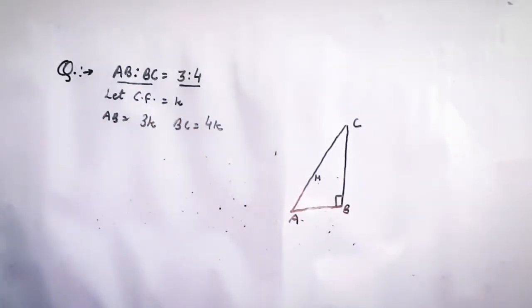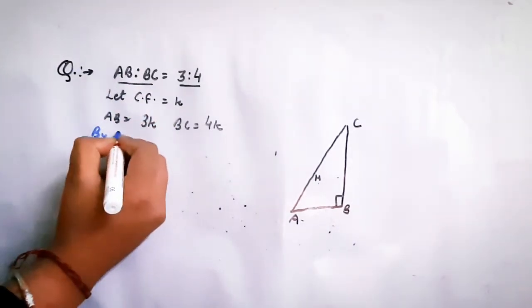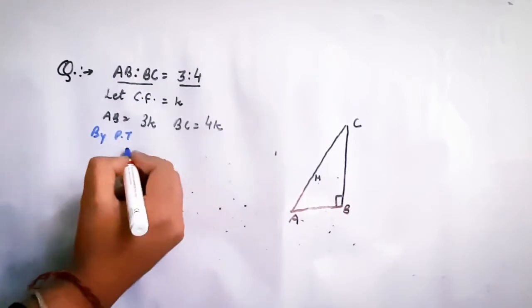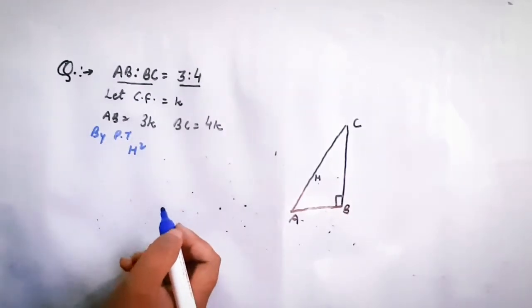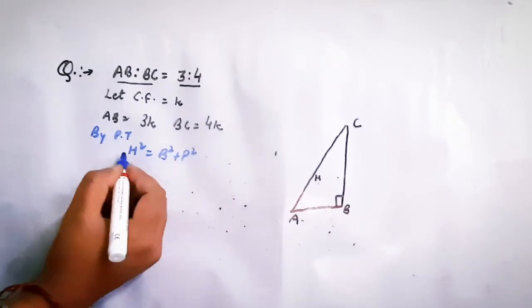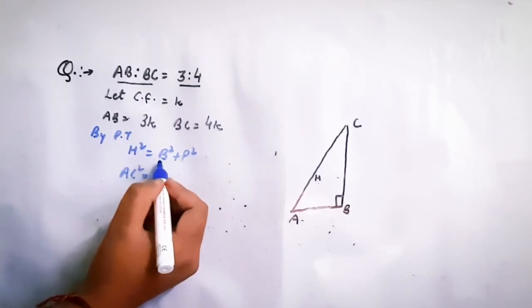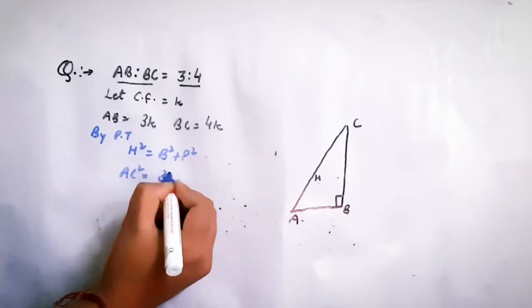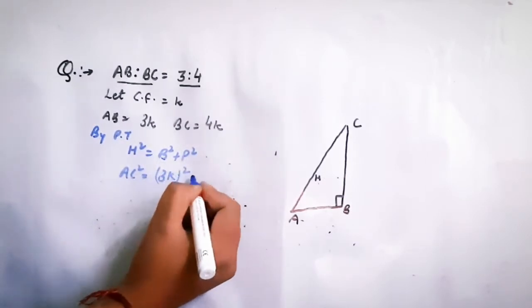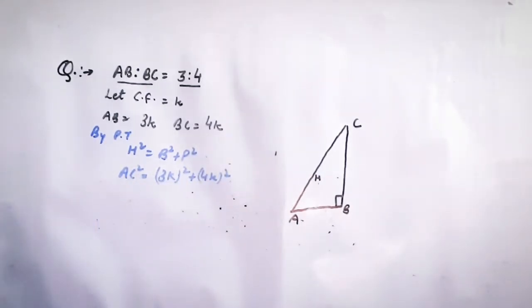Now a rectangle is described on the hypotenuse. So first of all, we need to find out the hypotenuse. By Pythagoras theorem, we know that h square equals b square plus p square. Here h is AC, so AC square equals base AB, that is 3k, whole square, plus 4k whole square. Simplify it now.